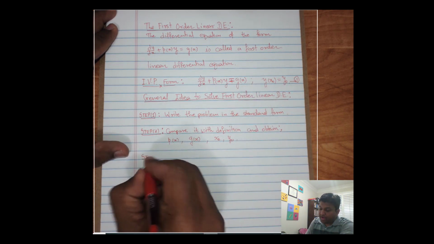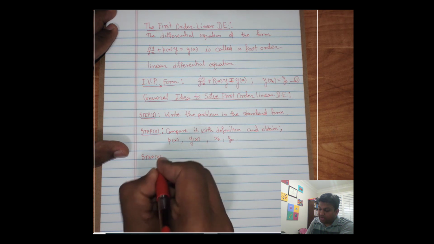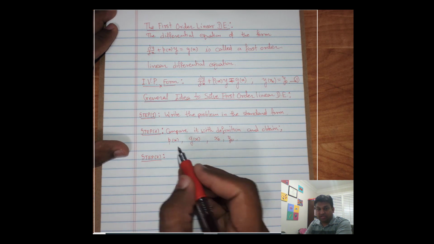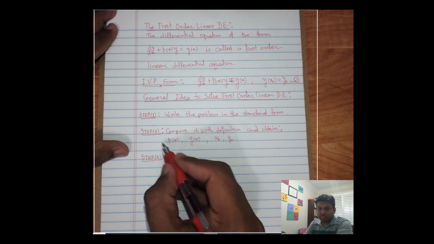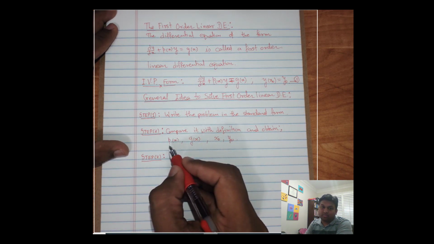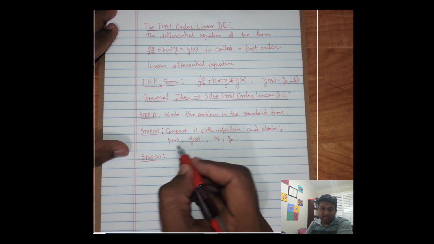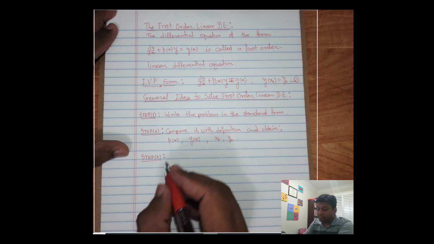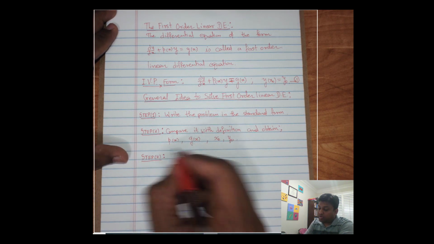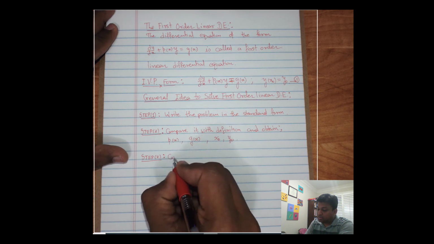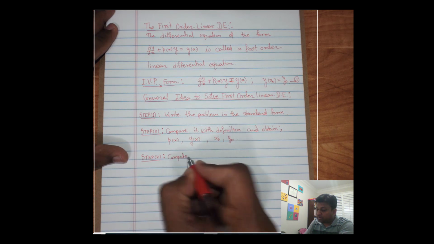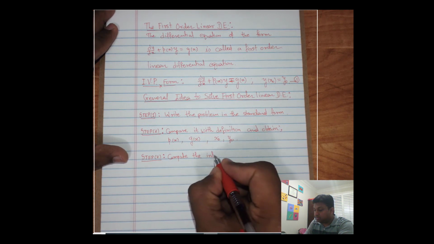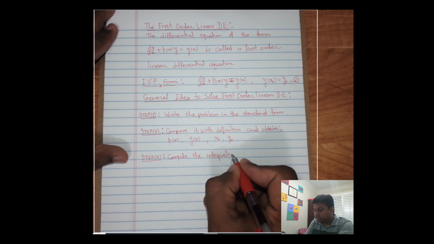Alright, once you find this information, in step 3 we will use it. Using the coefficient function, I am going to construct a brand new function of x that I will use to generate the solution of first order linear DE. This function is called the integrating factor. So the third step is compute the integrating factor.